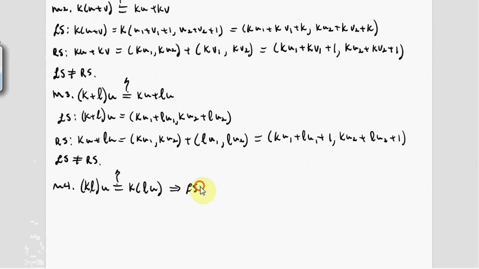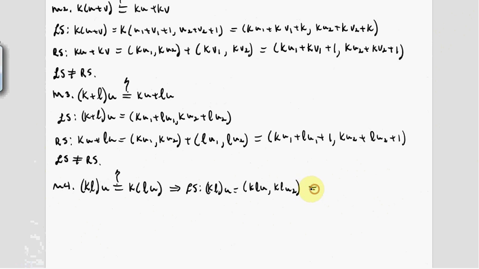So the left side, k times L times u. This is KL u sub 1 times KL u sub 2.